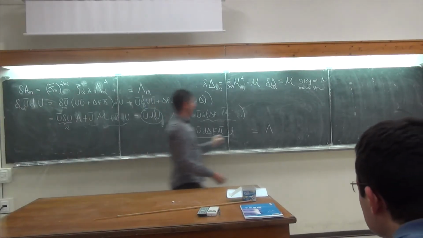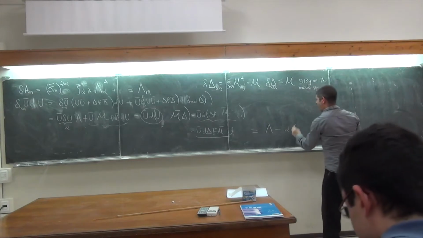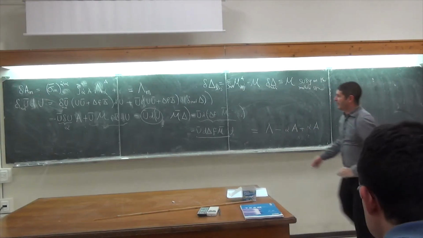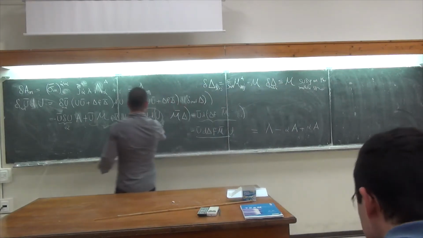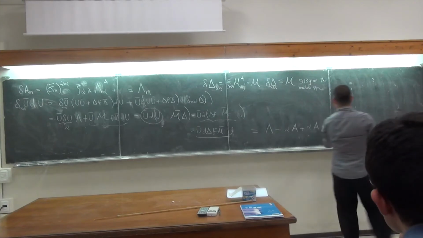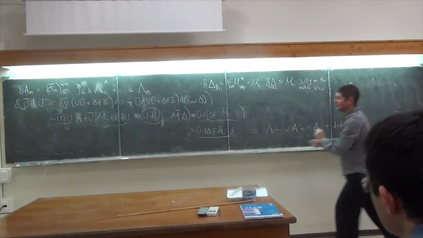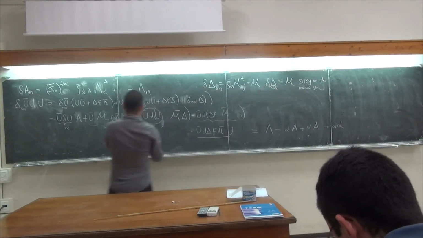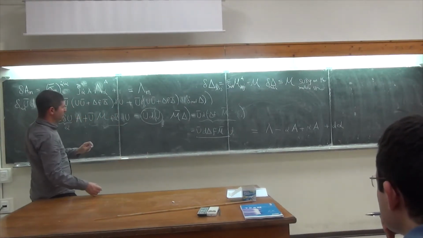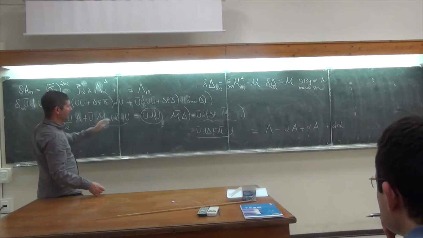This is minus alpha A plus alpha A, and then you will see that from some of these you will also get the alpha. Let me see where it is.